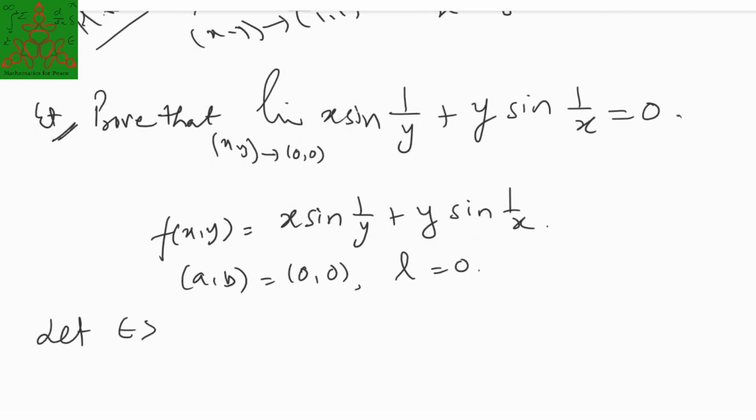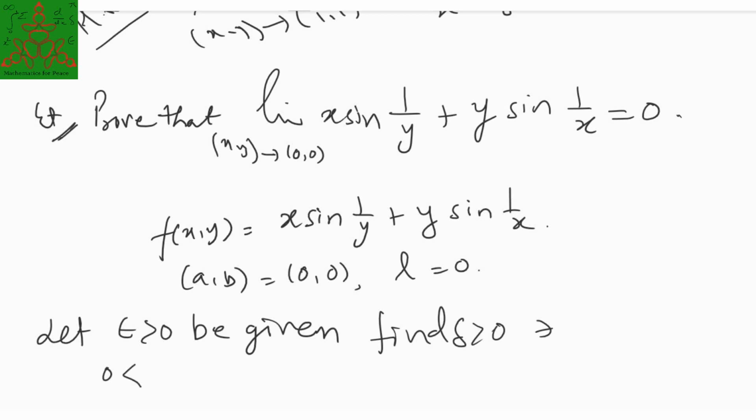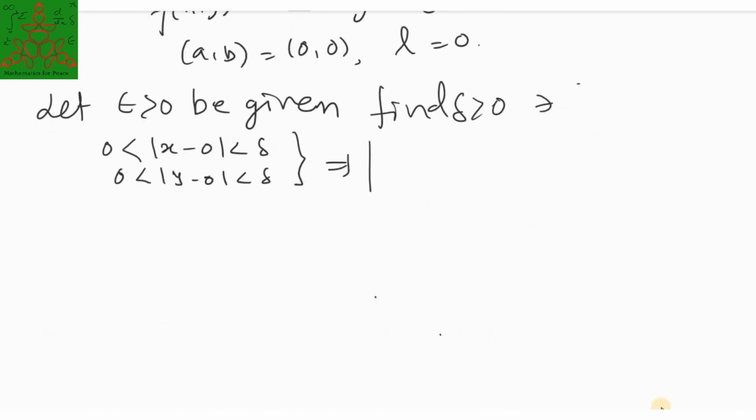Let epsilon greater than 0 be given. Find delta greater than 0 such that 0 less than mod x minus 0 less than delta, 0 less than mod y minus 0 less than delta, implies mod of f of x,y, that is x sine 1 by y plus y sine 1 by x, minus 0 is less than epsilon.